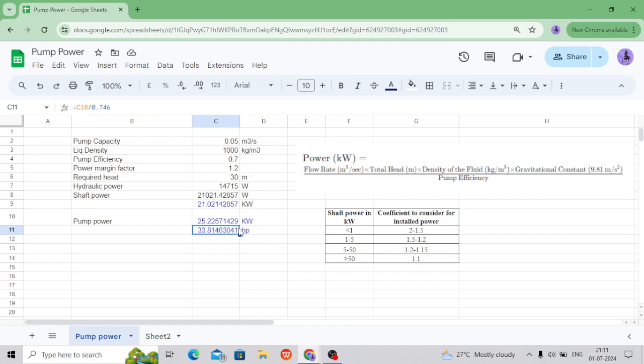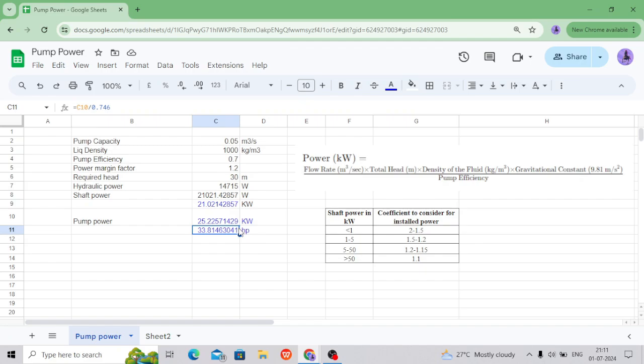Guys, you might be thinking, then where is this pump power used? Means in which calculations is this pump power used? So guys, the pump power is utilized in a variety of applications across different industries and sectors.